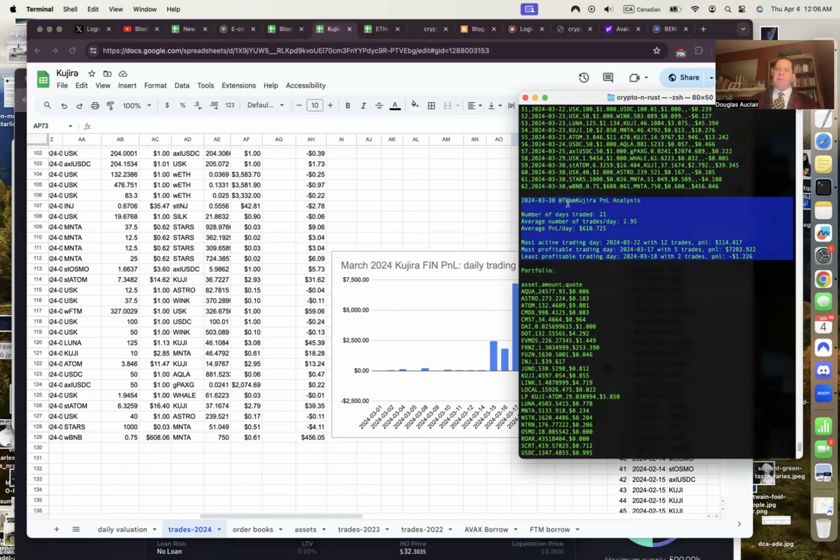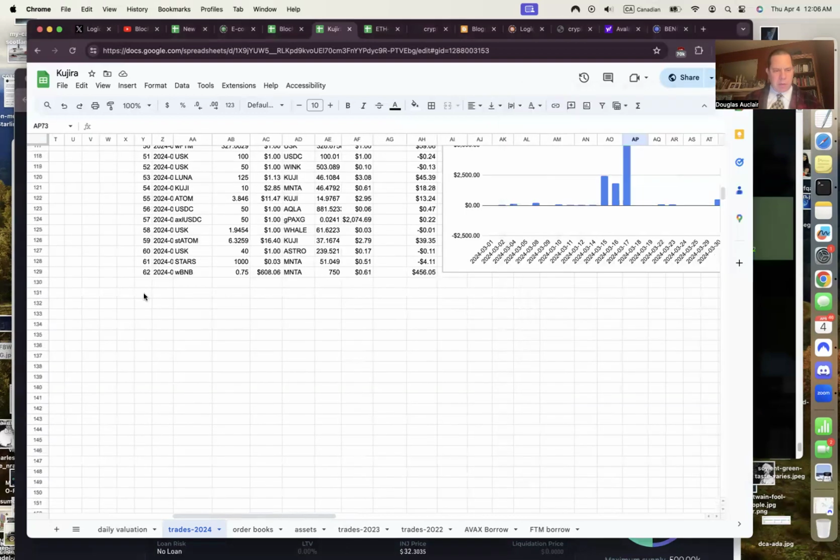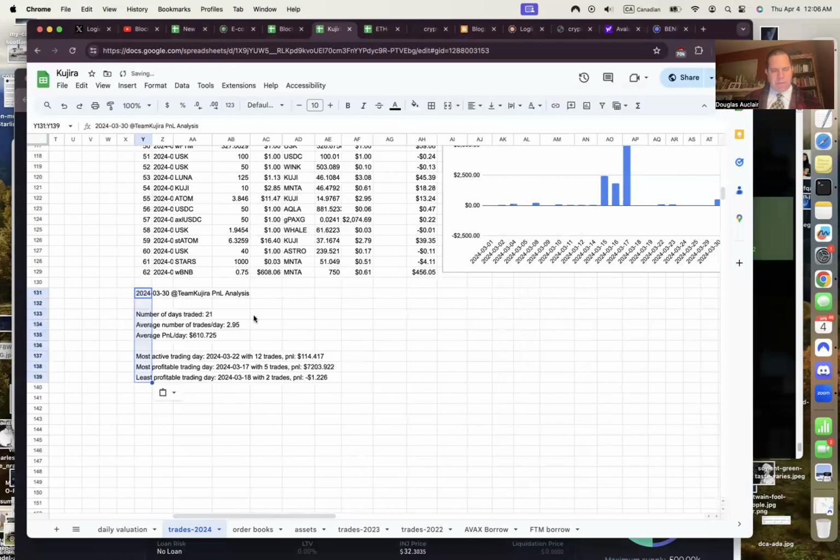So this piece of information is interesting here for me as a trader. It tells me number of days traded. I traded 21 days in the previous month. Average number of trades per day, almost 3.